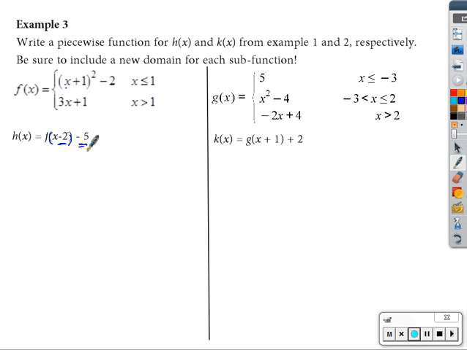If it's not in parentheses, then it can go outside of the function for the x. So h of x here is going to equal, and I'm going to copy down my original function. But instead of an x, I'm going to use empty parentheses.